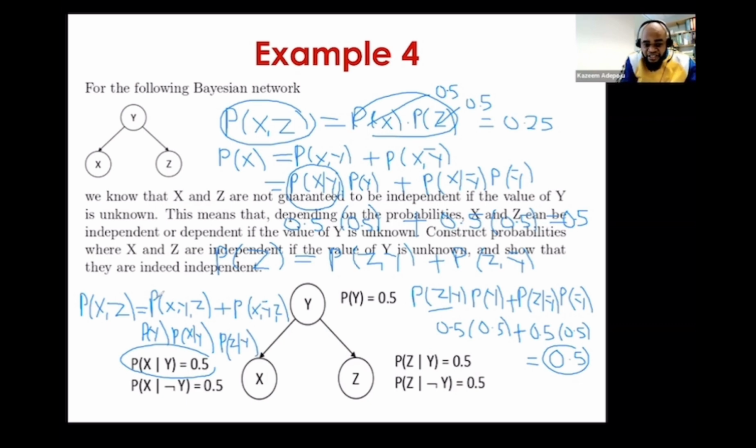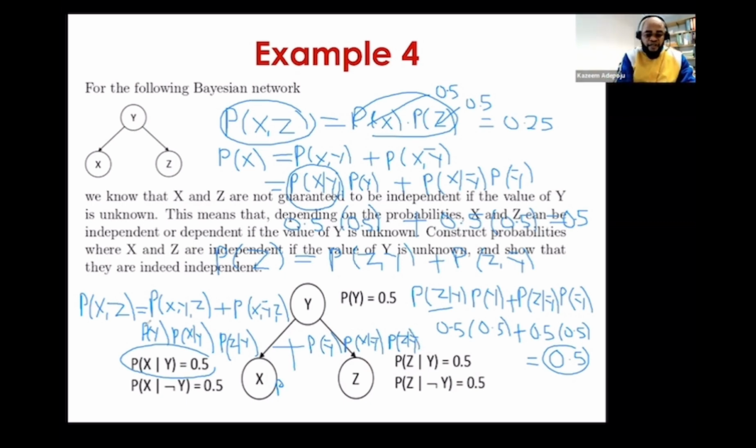This is according to the network. Plus, I'm going to do the same here: the probability of y bar, the probability of x given y bar, then the probability of z given y bar. Don't forget, I'm using the network.